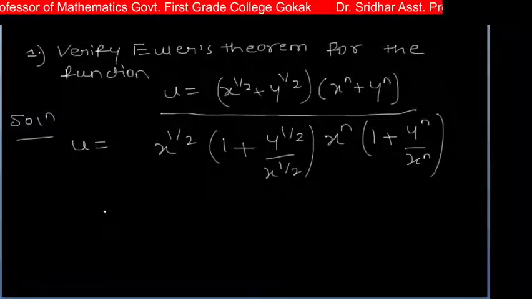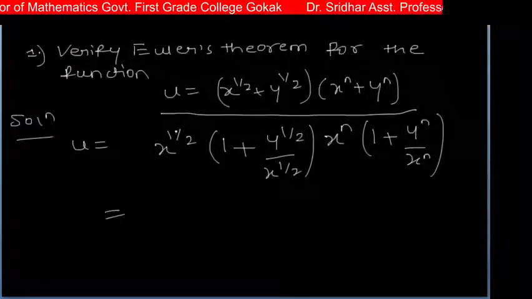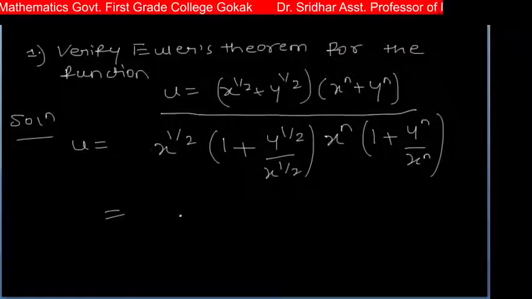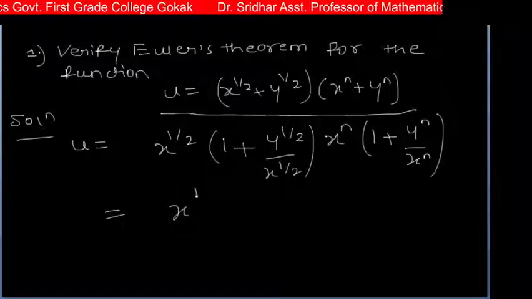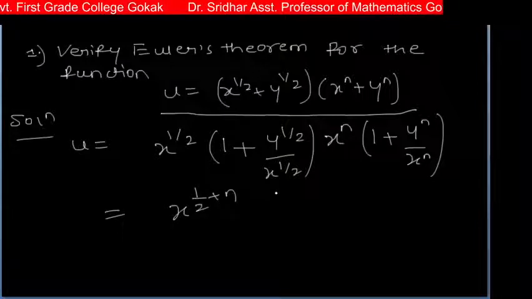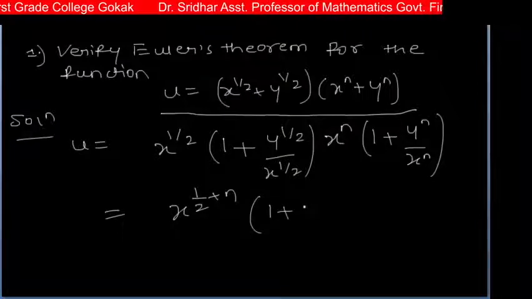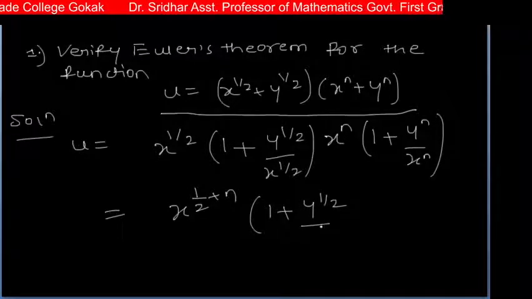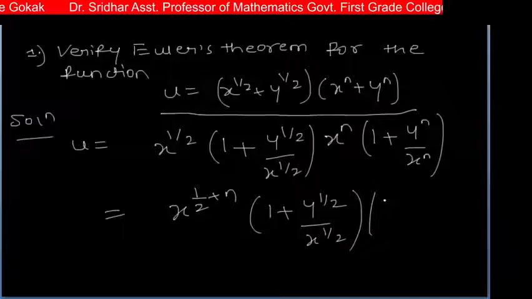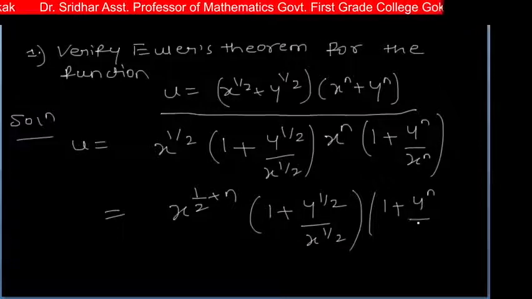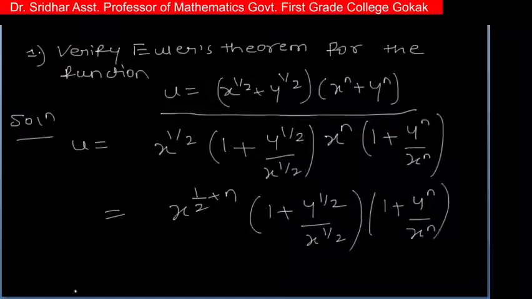Now this x raised to 1 by 2, this is x raised to n. So bases are same, so indices must be added: 1 by 2 plus n. Now into 1 plus y raised to 1 by 2 divided by x raised to 1 by 2, into 1 plus y raised to n divided by x raised to n.